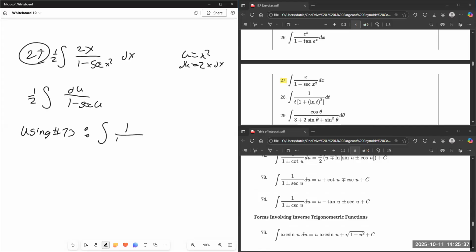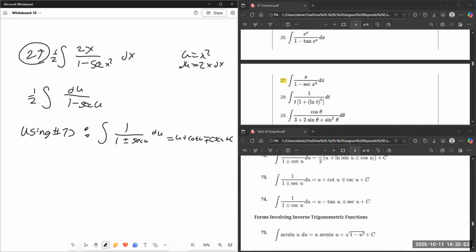Integral of 1 over 1 plus or minus secant u du is equal to u plus cotangent u, then minus plus, that means change the sign again, cosecant u plus c.